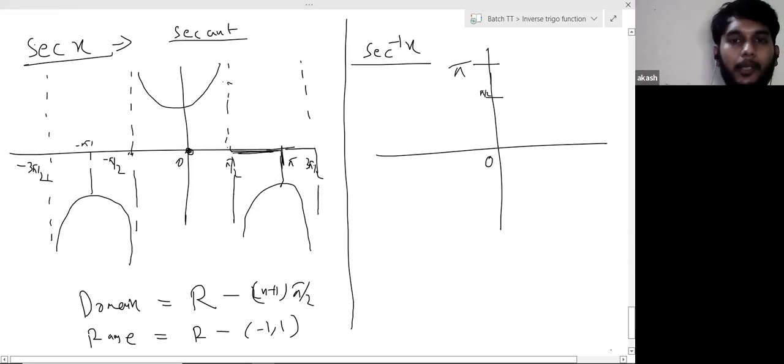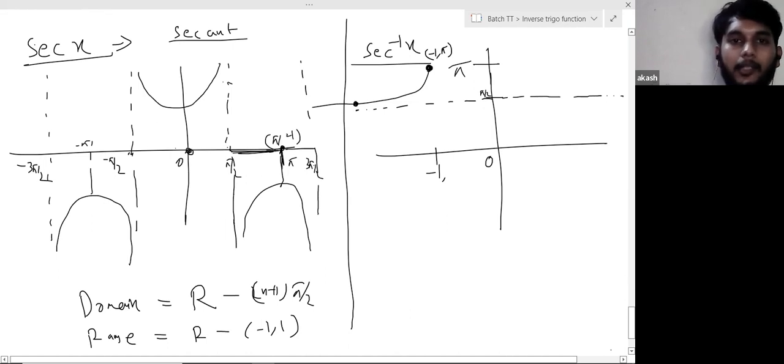At pi, we are getting minus 1. So at minus 1, we'll get pi. So this will be a point on the graph, minus 1 comma pi. At pi by 2, we are getting minus infinite. So at minus infinite, we'll get pi by 2. So it looks like this.